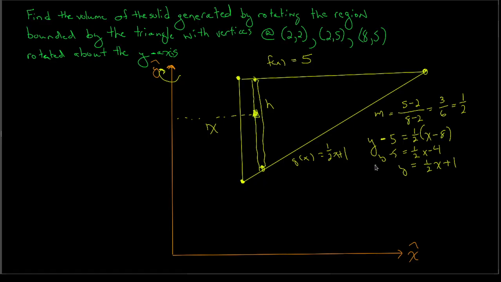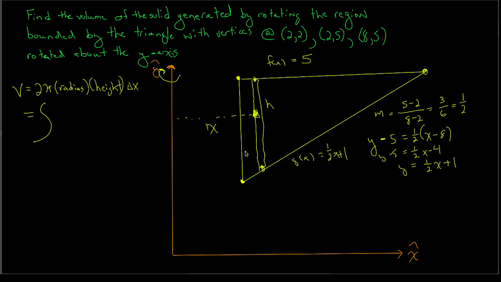So I have enough to set up my volume using cylindrical shells. So my volume using cylindrical shells is 2 pi times the radius of the element times the height times my delta x, the width of the radius. So I'm going to turn this into an integral.